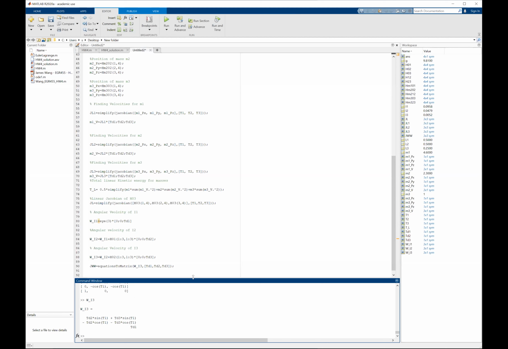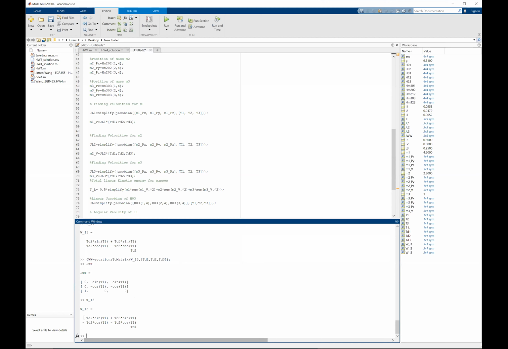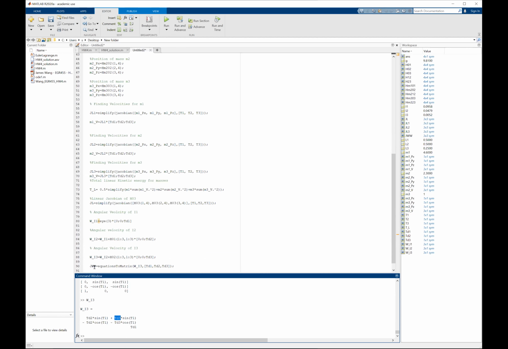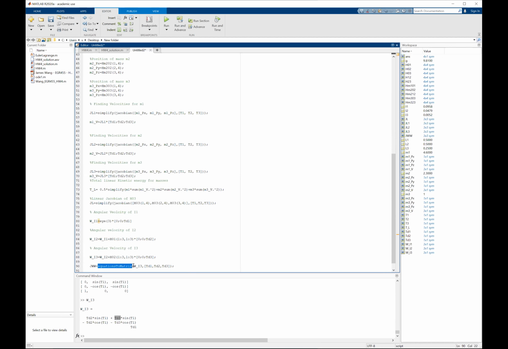You have W_I3, which comprises TD1, TD2, and TD3, and you want to get the Jacobian matrix. The command is JWW equals equationsToMatrix. You have to supply the equations, and in the square brackets, you need to supply the variables. And that will get you the Jacobian directly.